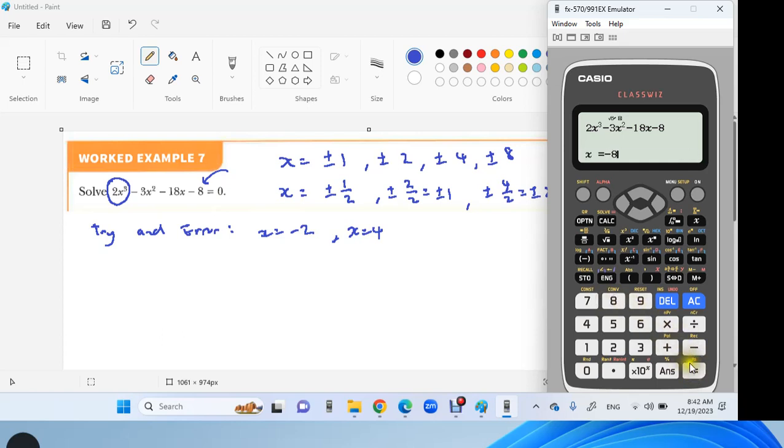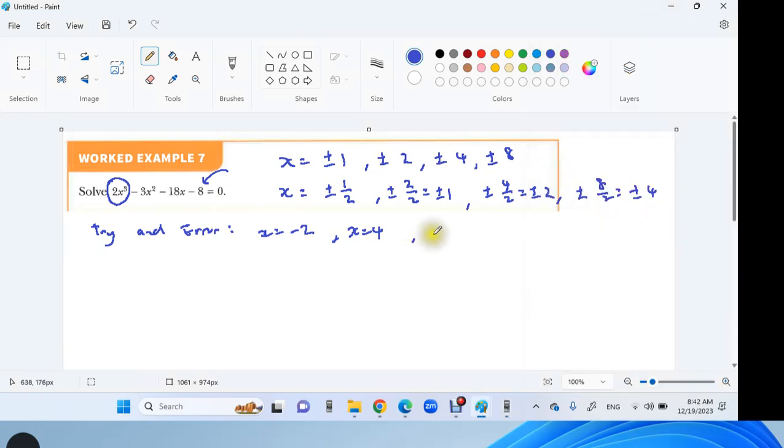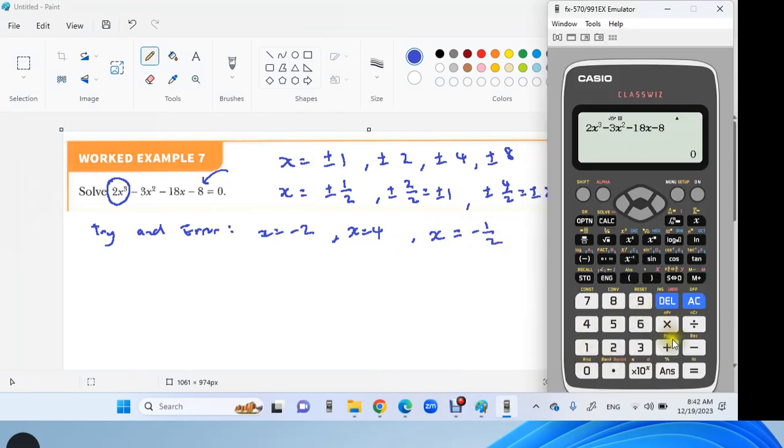No. -8. No. Half. No. -half. Yes. Okay, so x equal to -1/2. So just now this one I tried with -1/2.